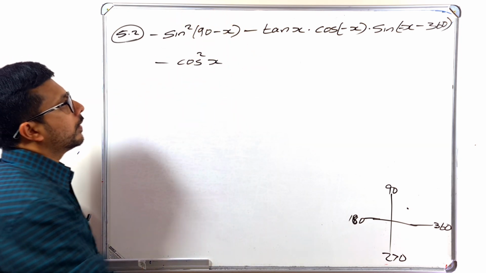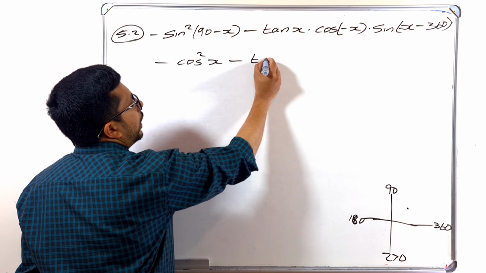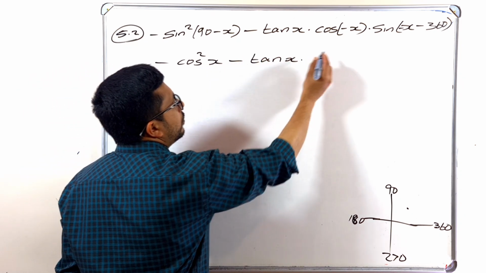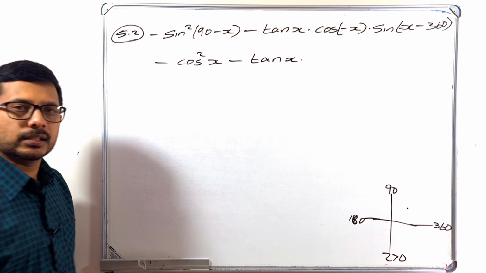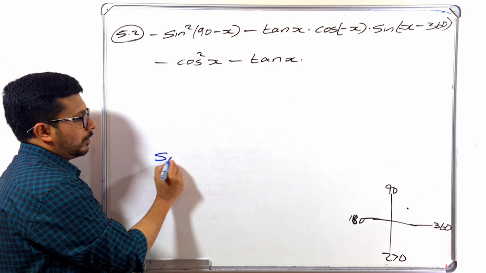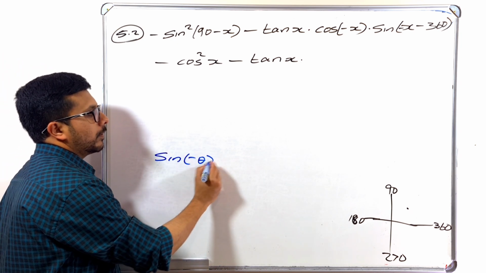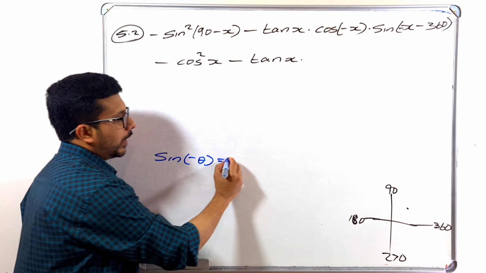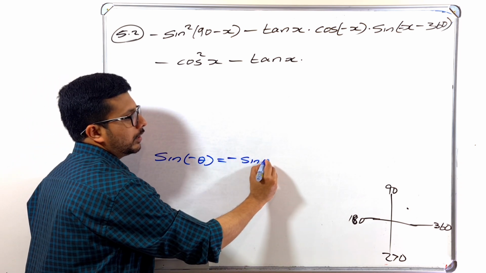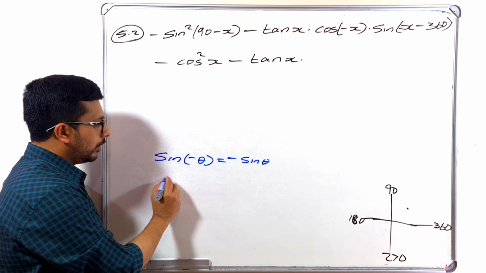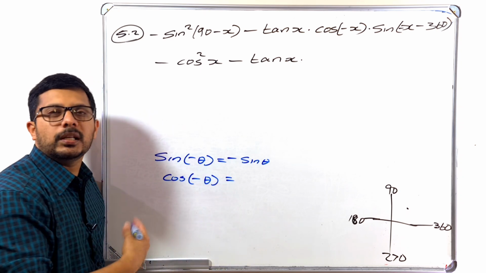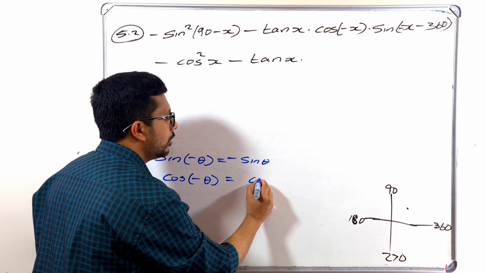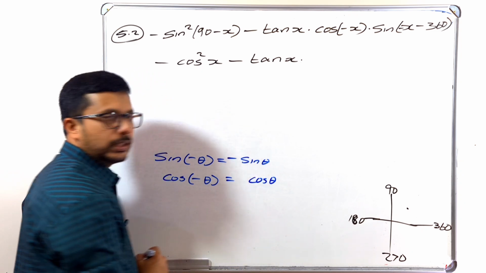Okay, minus tan x into cos of minus x. What is cos of minus x? You have to know that sine of minus theta is minus sine theta. Am I right? Then cos of minus theta is not minus cos theta, it is going to be positive cos theta.